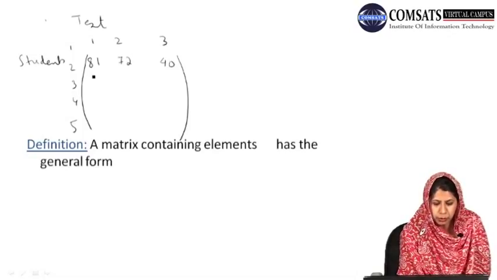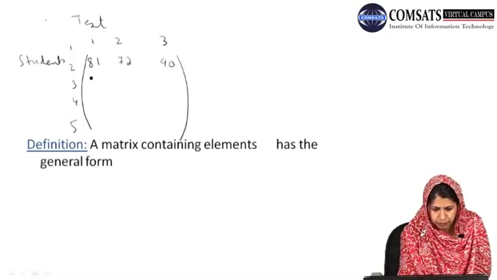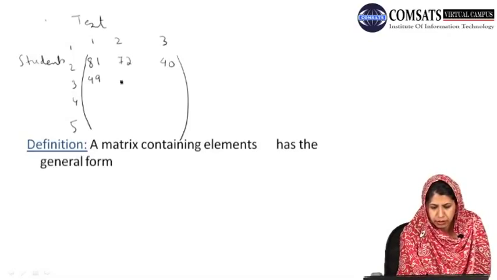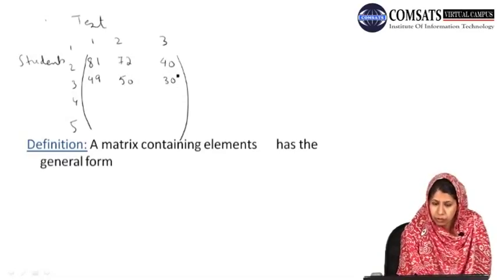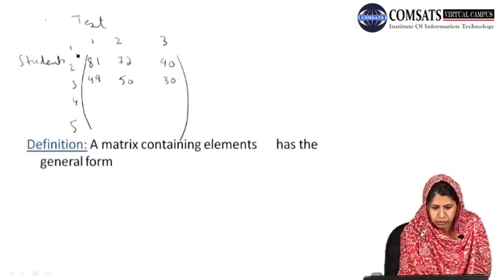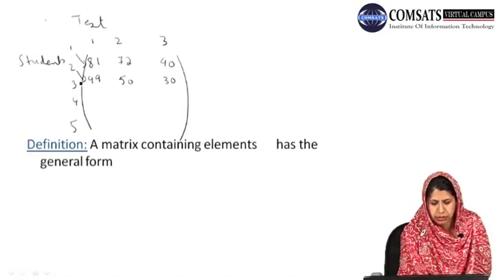Similarly, student number 2 has obtained 49 marks in test 1, 50 marks in test 2 and 30 marks in test 3.